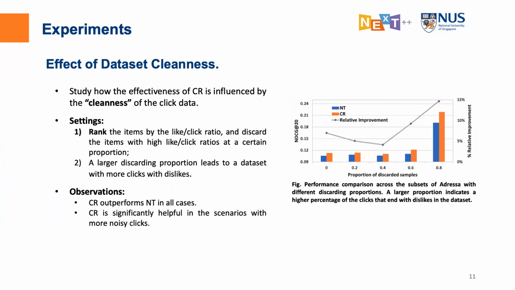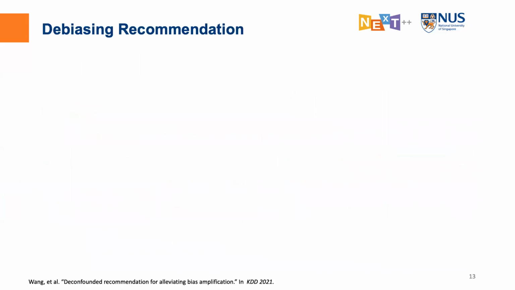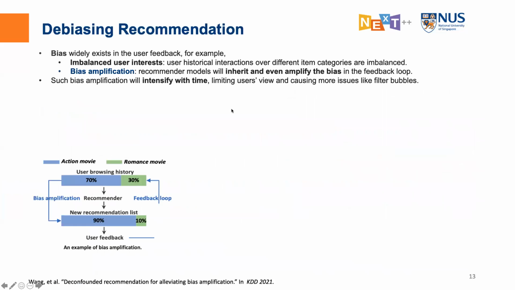So I will just move on. I will briefly introduce the idea for this work, called causal intervention for mitigating bias amplification. Bias amplification means that, as I introduced before, bias widely exists in user feedback.